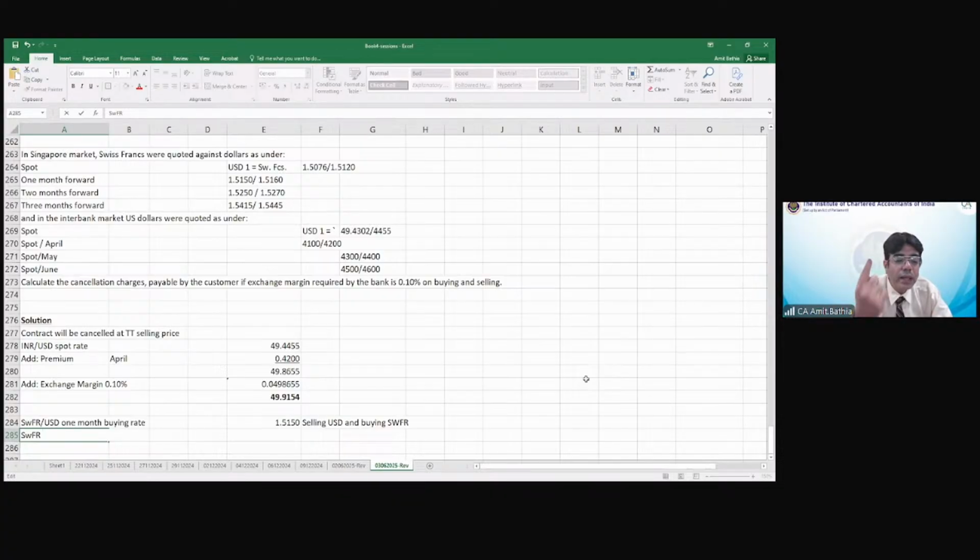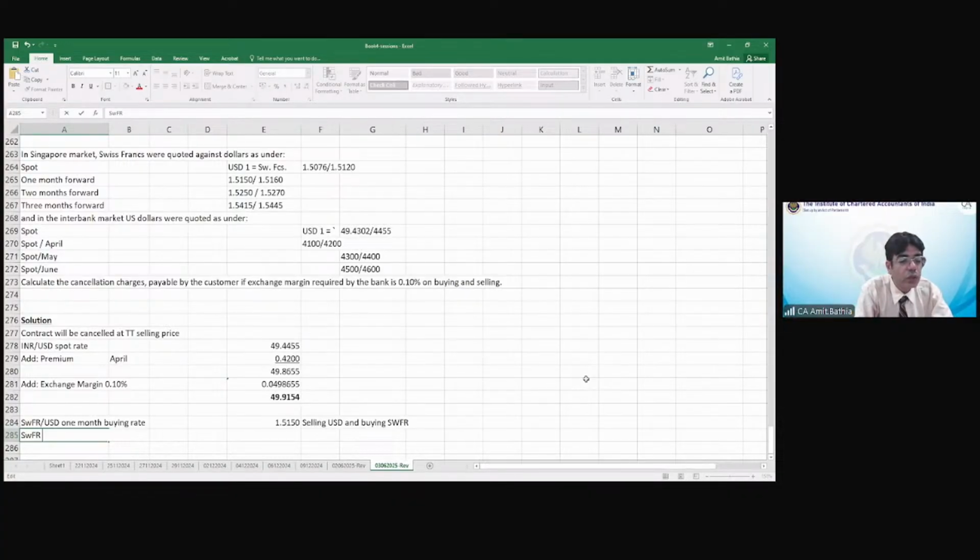So I will buy $1 for 49.9154, and that $1 is then in turn going to give me 1.5150 Swiss franc. Are you able to understand that? Okay. So $1 being the commonality, that gets cancelled out. So effectively for 1.5150 Swiss franc, I am paying 49.9154 INR. Are you all with me?